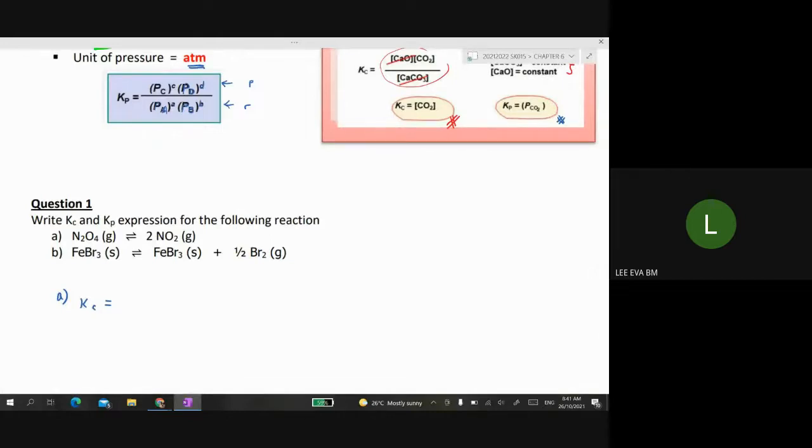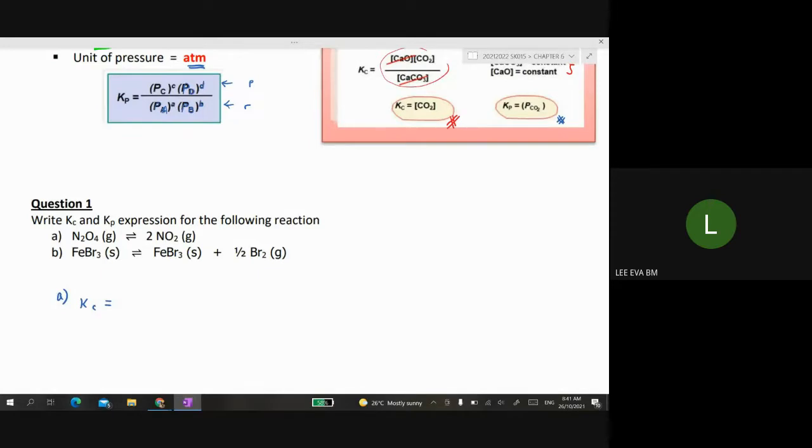Can we use concentrations for gas species? Yes. So who sits on top? NO2, your product. And then on the bottom, we have N2O4, your reactant. Product at the top, reactant at the bottom.